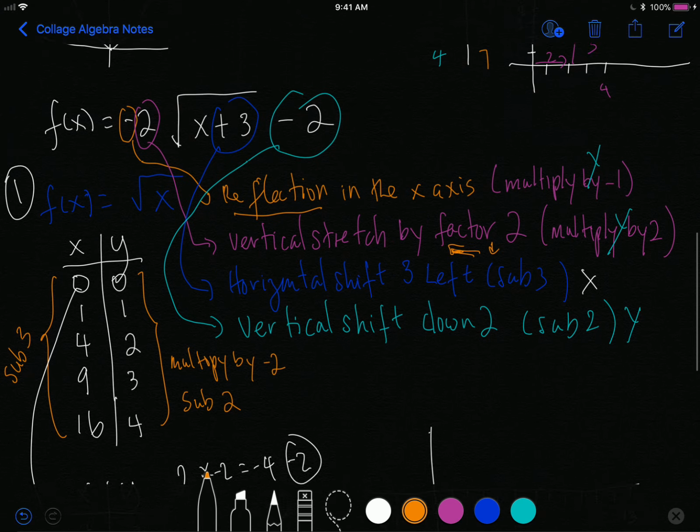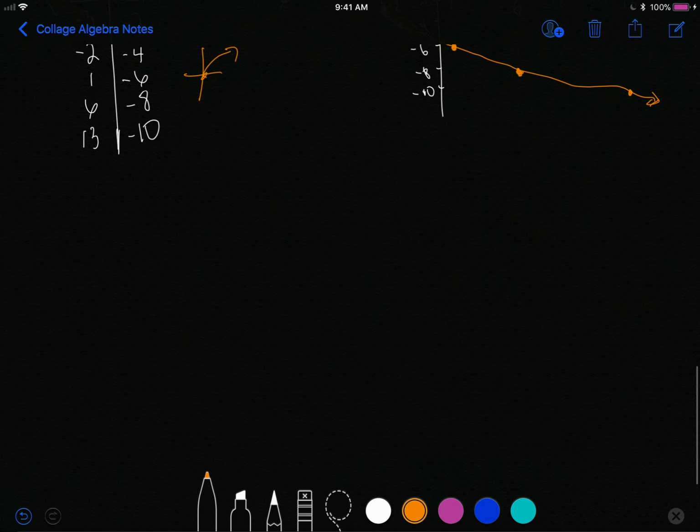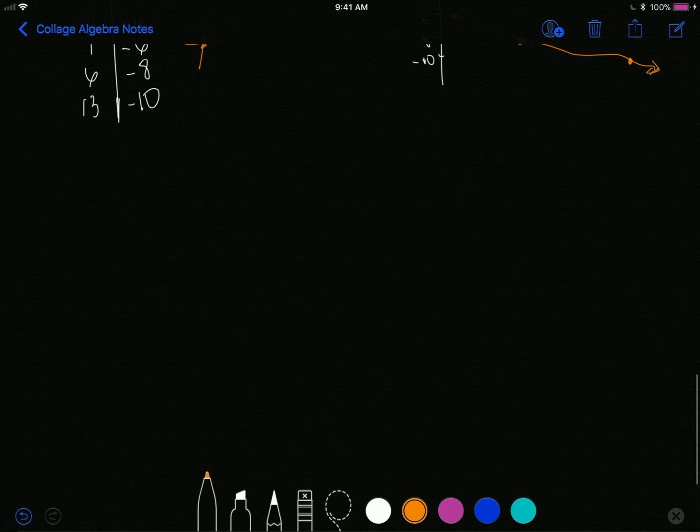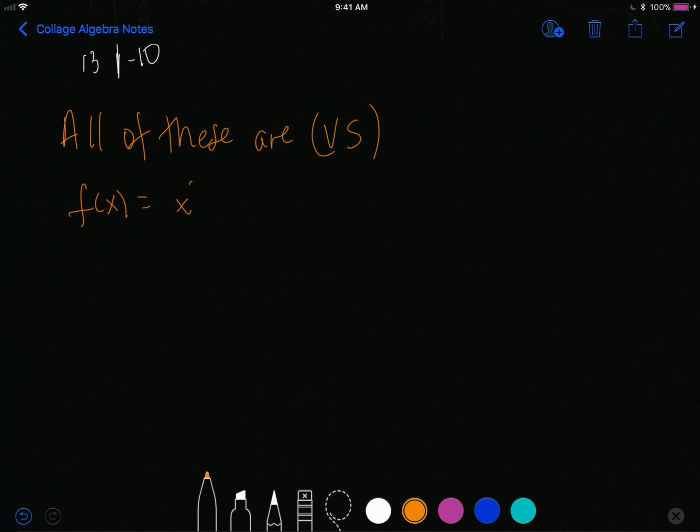Alright, so that's a lot right there. But let's do a little bit of a review to help you see some more examples. So now, all of these are vertical shifts. So vertical shift is your up and down. So f of x equals x squared plus 2, that's up 2.